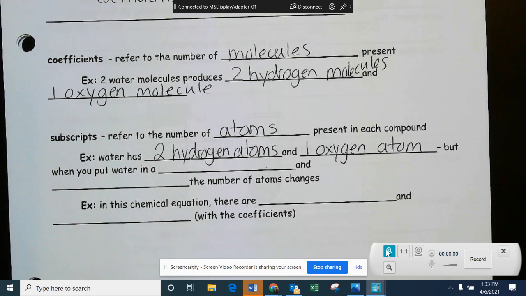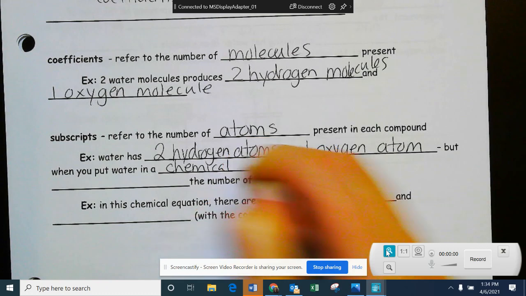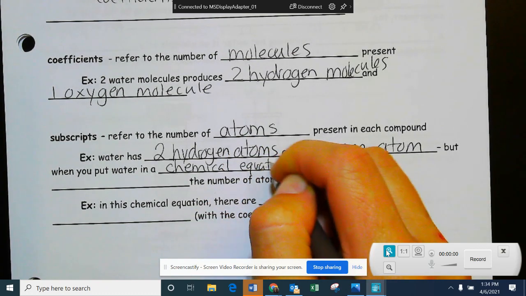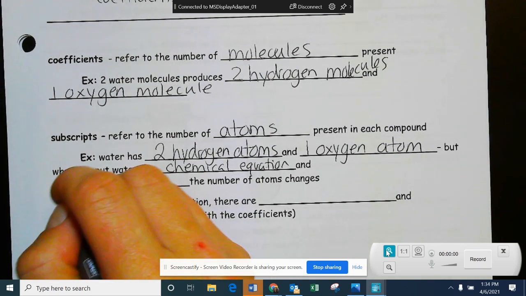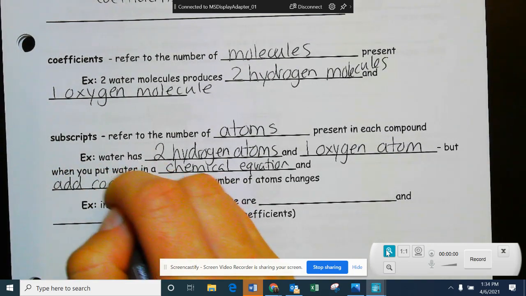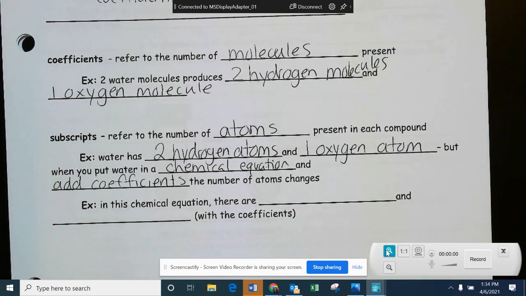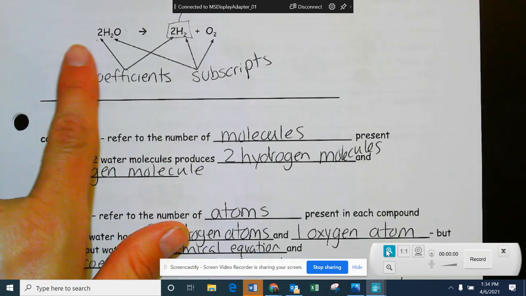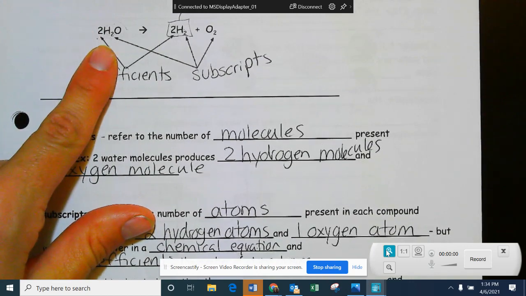But when you put water in a chemical equation, and add coefficients, the number of atoms changes. So when I say I've got 2 H2Os, like up in our formula here, I no longer just have 2 hydrogens, I have 4.